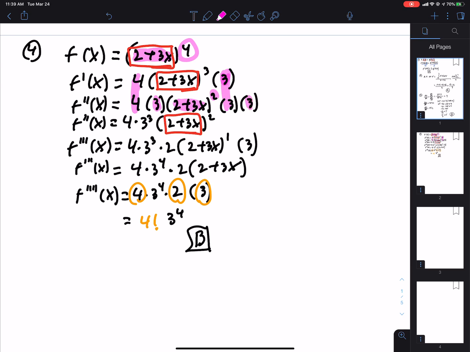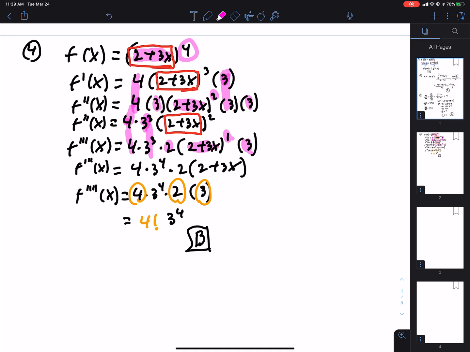Now, just to simplify, since I have 3 3's, I rewrite it as 3 cubed. This 4 stays, and I'm left with the 2 plus 3x squared. But again, it's box squared, so the 3 gets copied and the 3 cubed gets copied. But the derivative of box squared will be 2 box to the first, and this is the derivative of box.